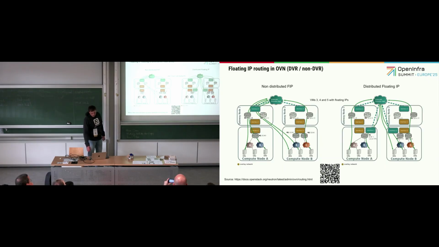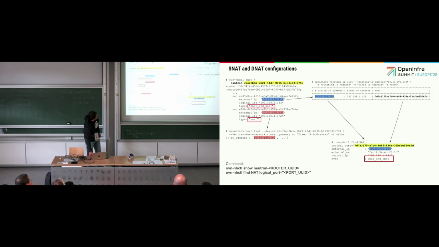You can use a SNAT configuration, which is actually mapped one-to-one from Neutron to the OVN. So it's the difference between SNAT and DNAT, which is the floating IP. Actually, it's just in these 2 fields, as you see in the example, and all of them end up in the NAT table inside the OVN.